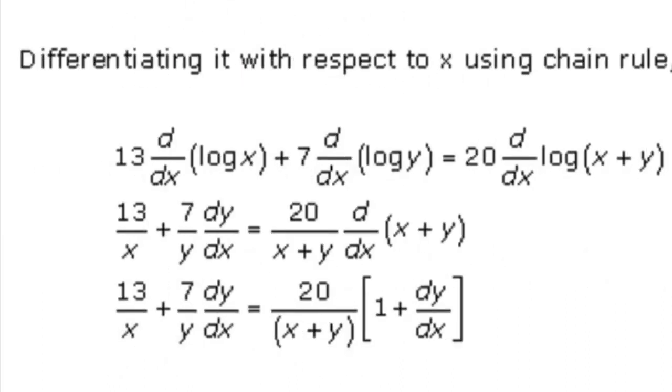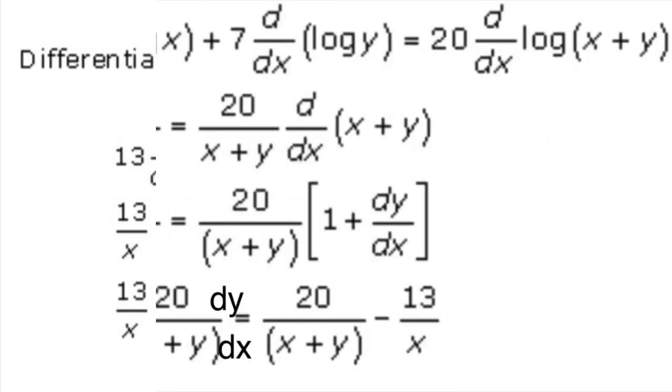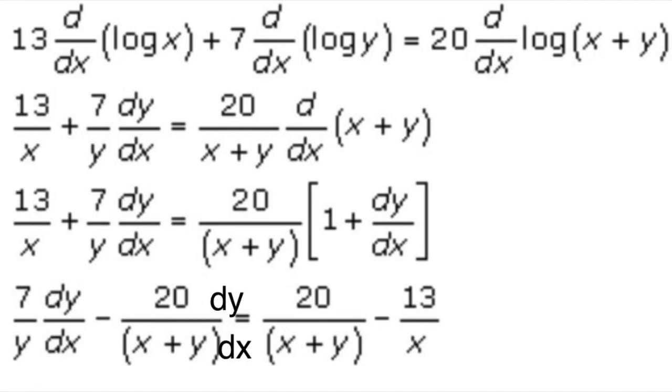So we will get 13 upon x plus 7 upon y into dy upon dx equals to 20 upon x plus y into the derivative of x, which is 1, plus the derivative of y, which is dy upon dx. Now we are going to multiply 20 upon x plus y into the entire bracket.